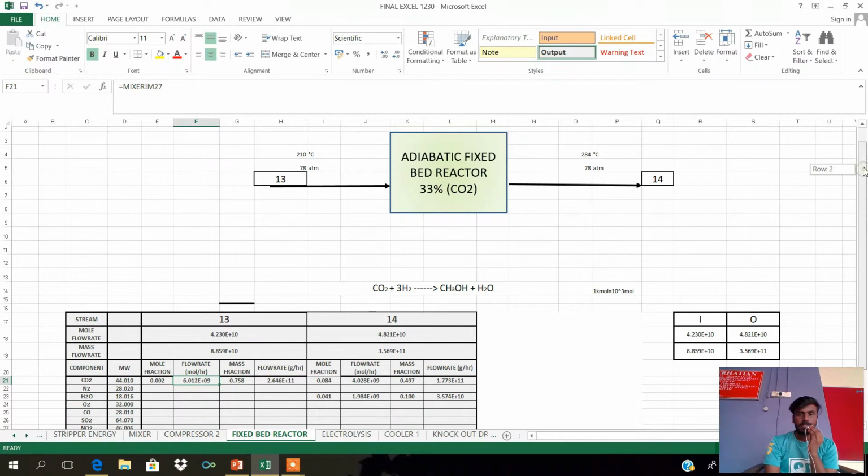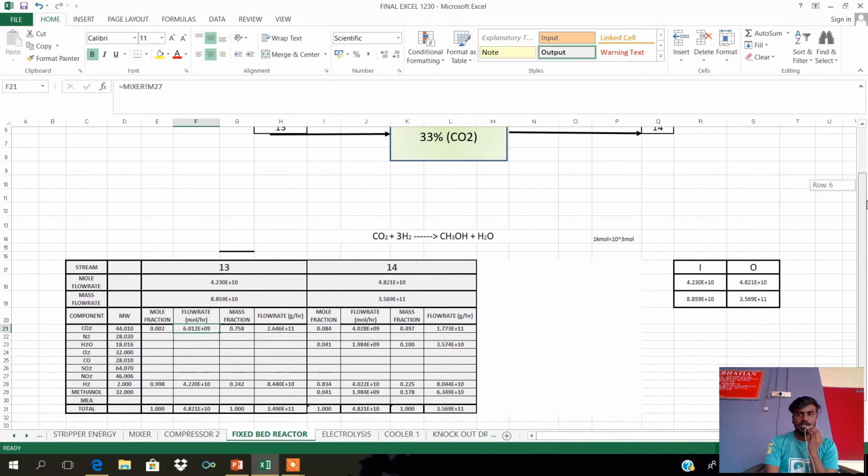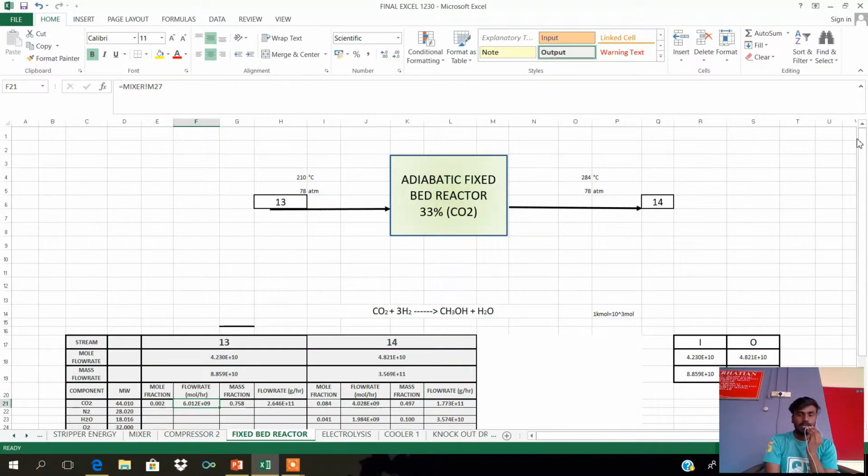At the fixed bed reactor, the methanol synthesis occurs. At the end of this, we will get the products methanol, carbon dioxide, water and hydrogen. Since this reactor is an adiabatic reactor, there is no energy balance calculation.